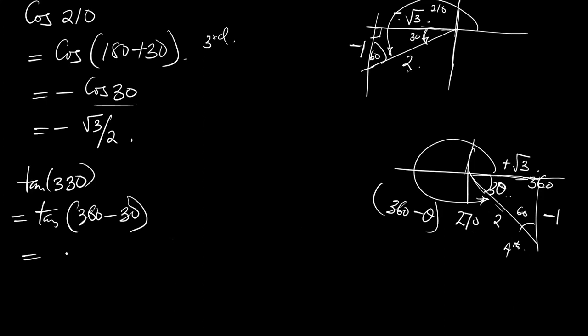So you have minus tan 30. And tan 30 is 1 all over root 3. This is D.